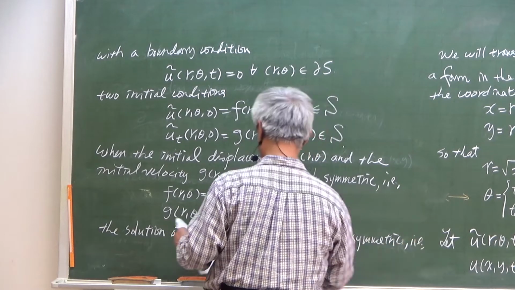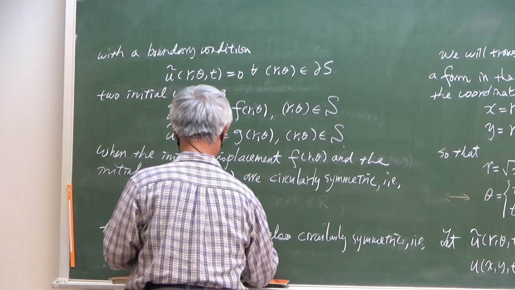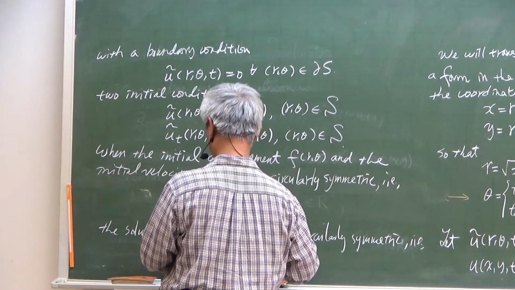i.e. the u(r, theta, t) becomes the u(r, t).